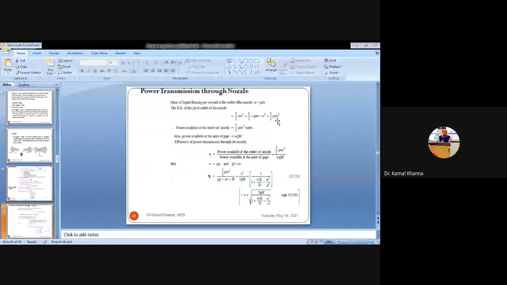Similarly, if we want to calculate the efficiency, efficiency is always the power available at the outlet of the nozzle divided by the power available at the inlet, because the inlet power is always more than the outlet power. Whenever the fluid is flowing from entry to exit, there are always some losses, minor losses or major losses, encountered when the fluid is flowing from one end to the other.